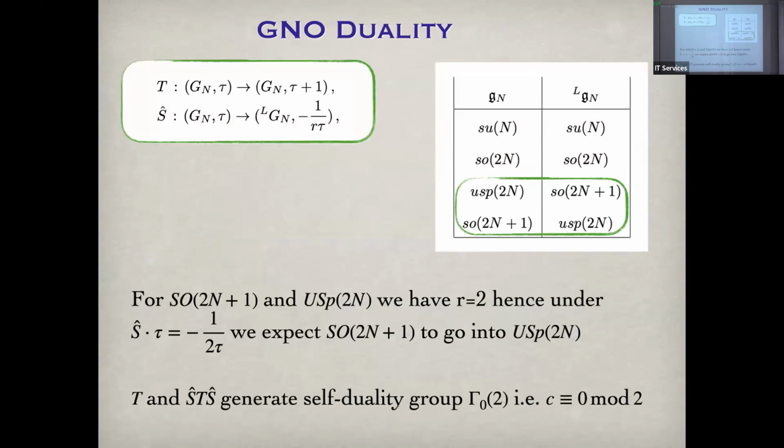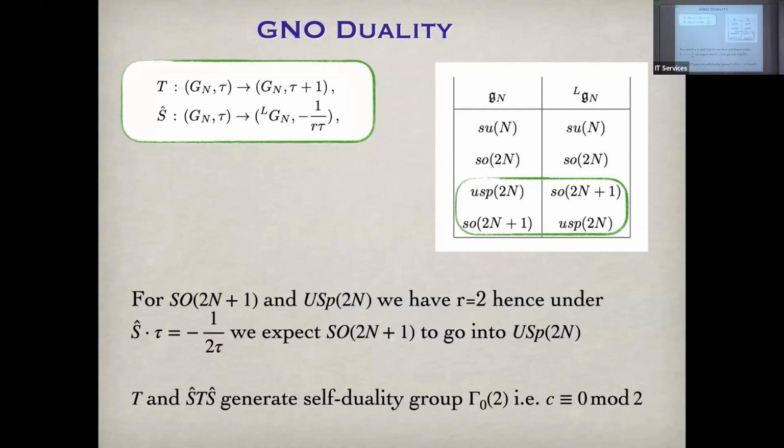Under S hat, the USP correlator must transform into the SO odd correlator, and the SO odd correlator must transform into the USP correlator. However, you also need to change the coupling constant tau into -1/2 tau. So this is a covariance, if you wish. The correlator in the USP theory is related to the correlator in the SO theory by taking tau into -1/tau.